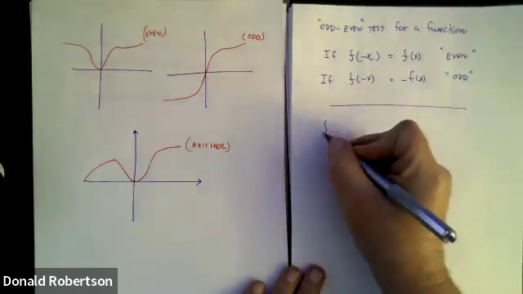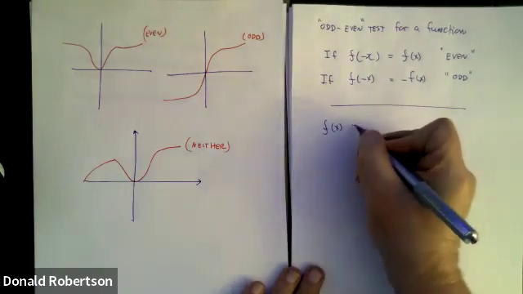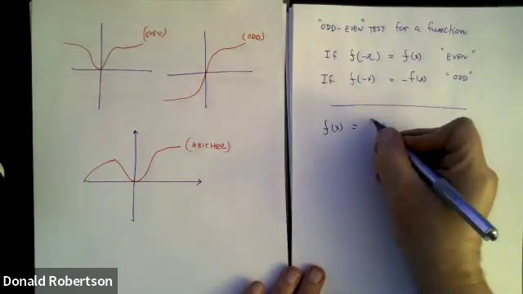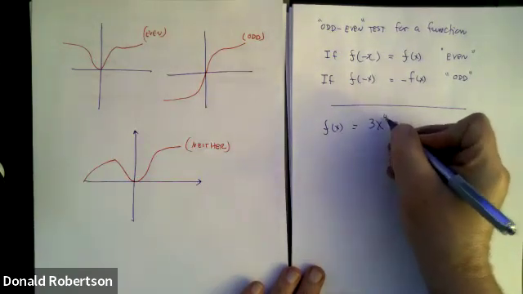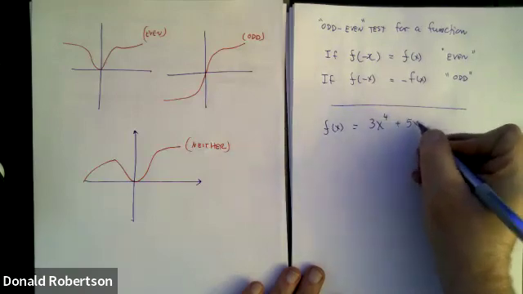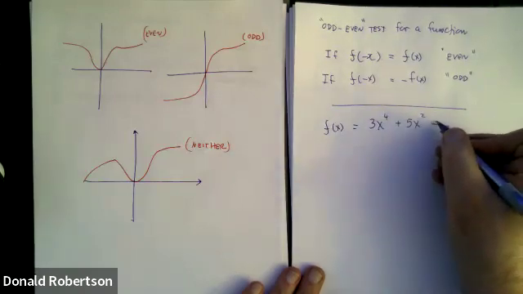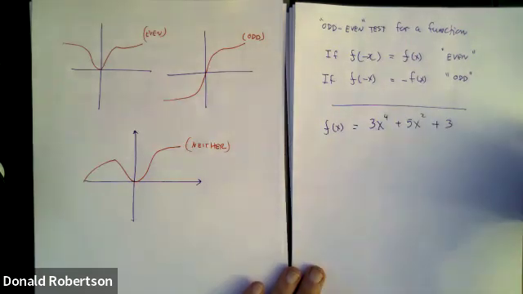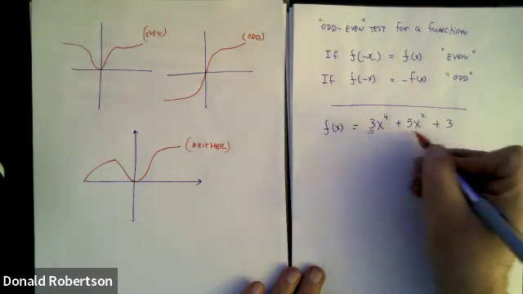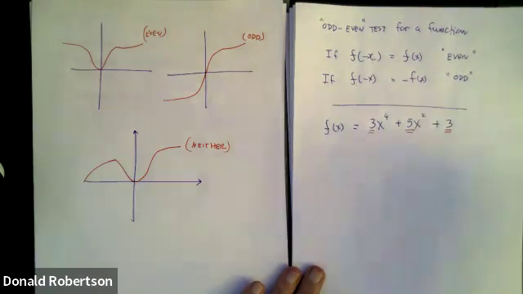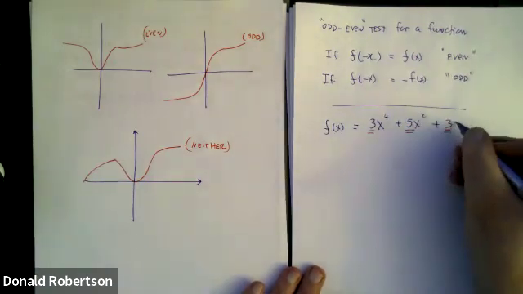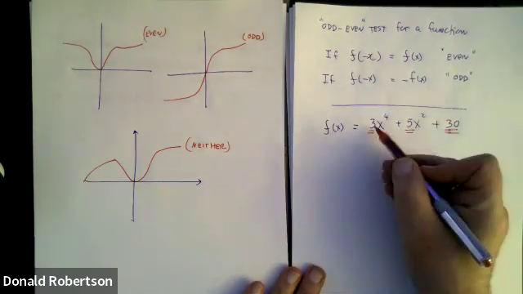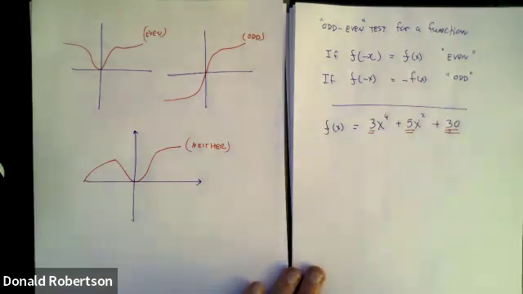How does that work in practice? Well, some of the most likely questions you're going to get are polynomials. So suppose you had 3x to the 4 plus 5x squared plus 3. Now, we do not care what those coefficients are. In fact, let's pretend that's 30. They can be odd numbers, they can be even numbers, it doesn't matter.